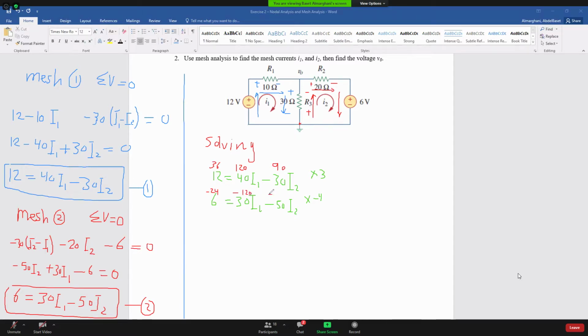And this will be plus 200. Then if you add, 12, 0, and this is still minus, sorry. So this is plus 110 I2. So I2 will equal to 12 over 110. Then you can substitute and find I1.